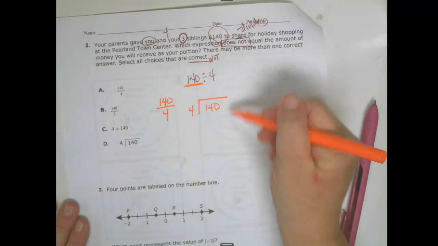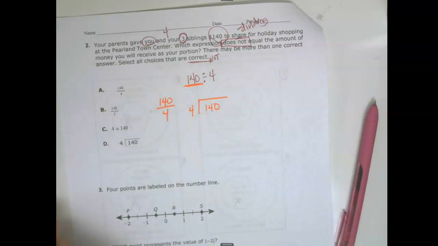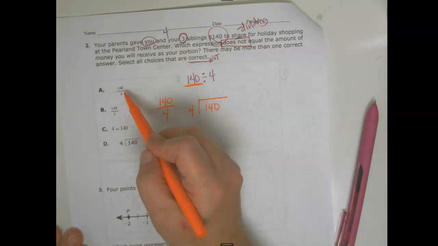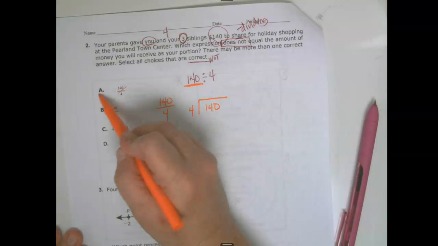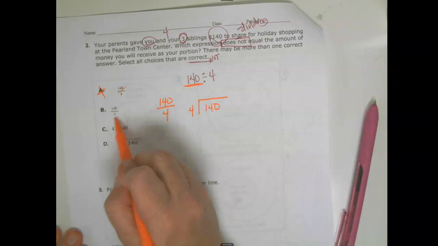So all of these are the correct way. So this one is correct, so we don't want that one because we want a not. The 3 is wrong here because it should be 4.